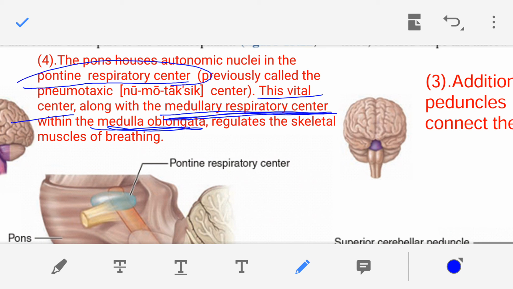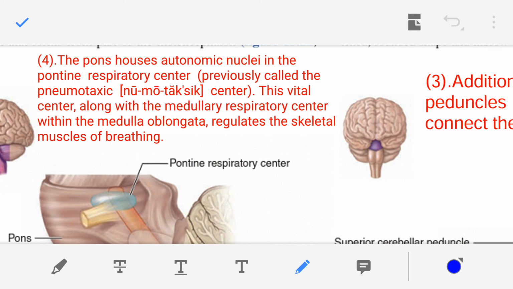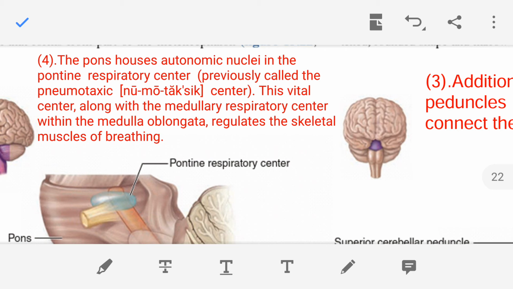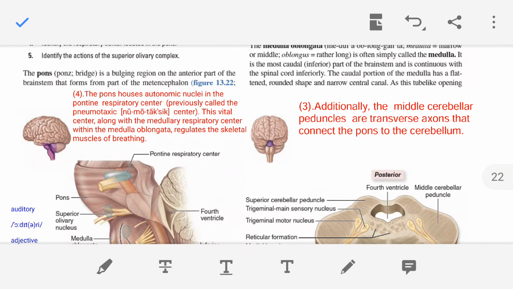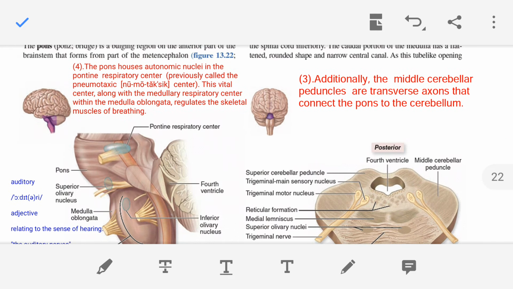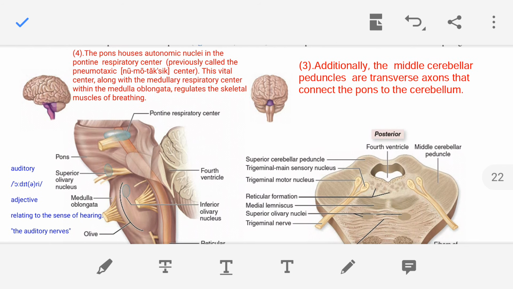So the pontine respiratory center and medullary respiratory center together regulate the skeletal muscles of breathing. Okay, inhalation, exhalation. The muscles involved in the inhalation and exhalation process are under the control of the pontine respiratory center and medullary respiratory center. So this is the fourth point, pontine respiratory center.